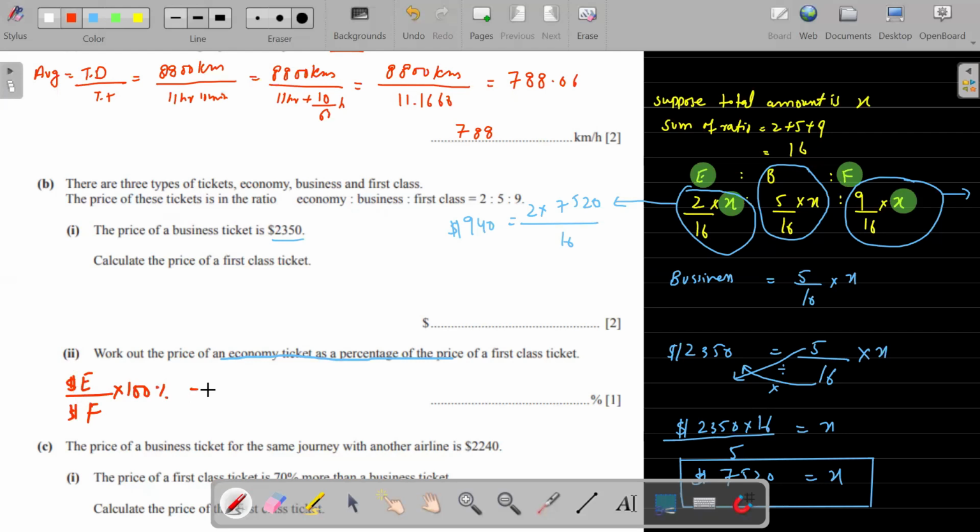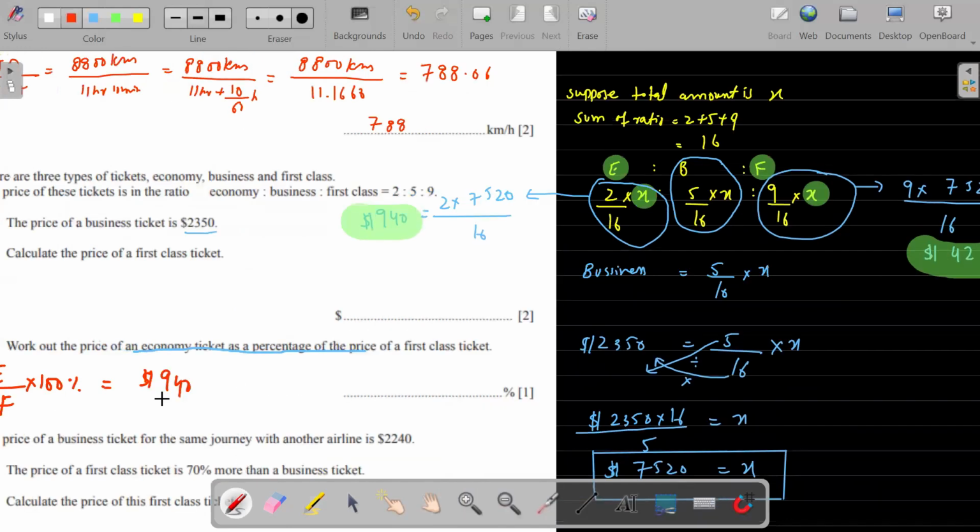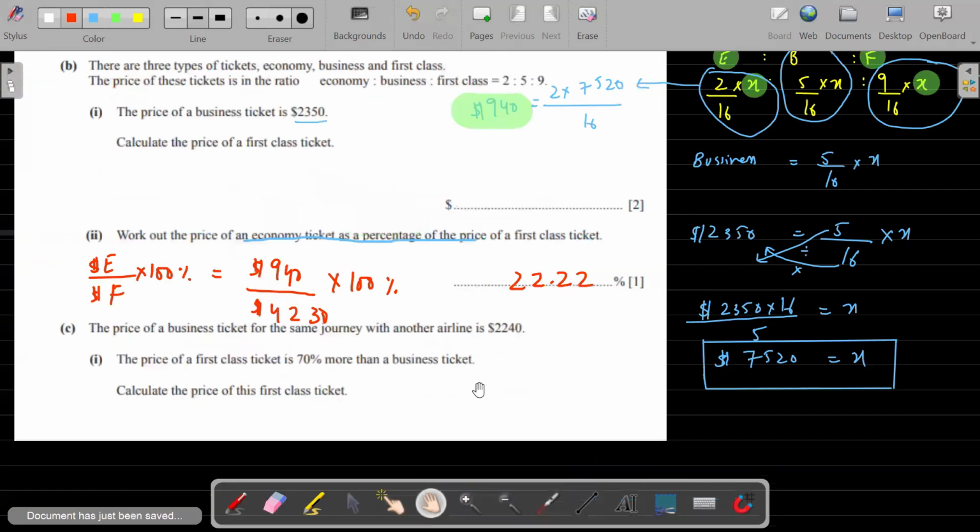The price of economy is $940, which I have just calculated, and my first class ticket is $4,230. Let's divide 940 by $4,230 and multiply with 100%. By dividing it, I'm going to get 22.22%. That is my answer.